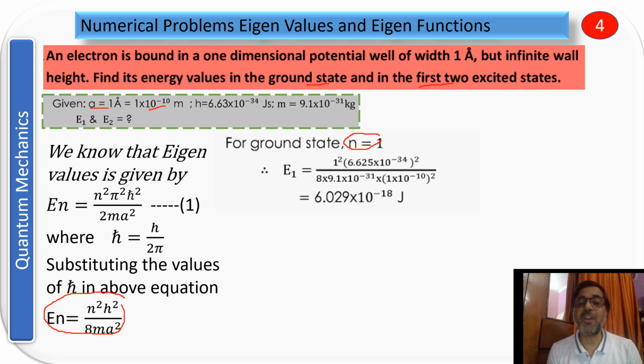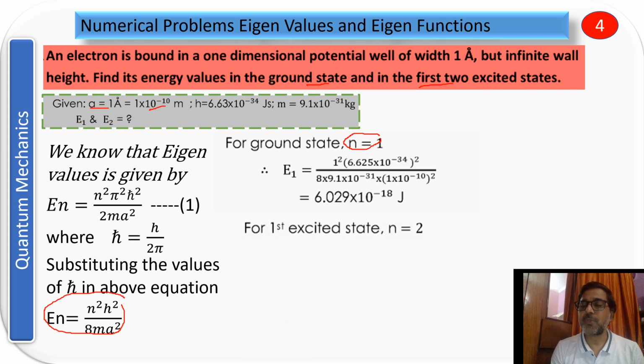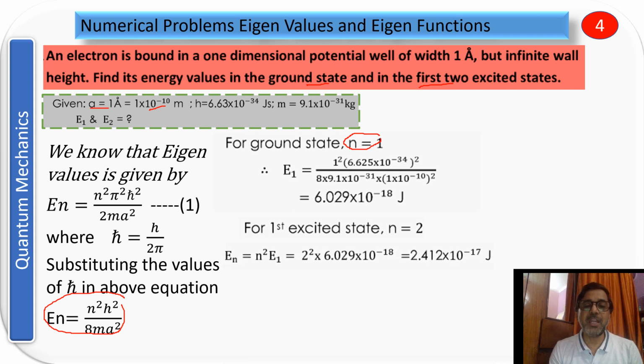Now what will be the value of E2? E2 is equal to n square into E1. So this is what I have applied over here. For the first excited state, n equal to 2. I have shown you it is directly proportional to n square. So if the ground energy state is E naught, then in the second state it will be 4 E naught, then the third 9 E naught, like that.